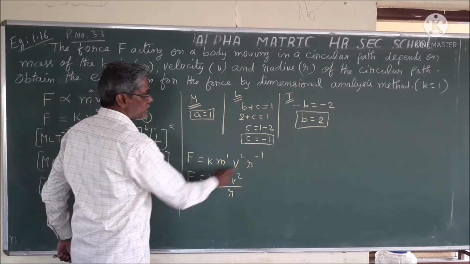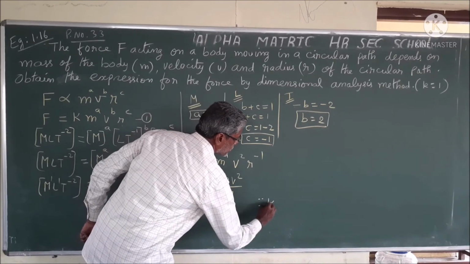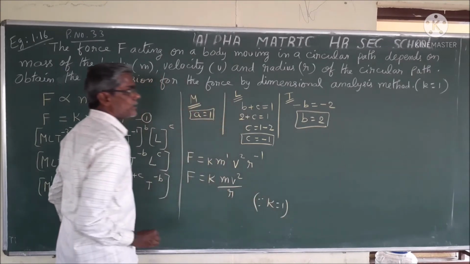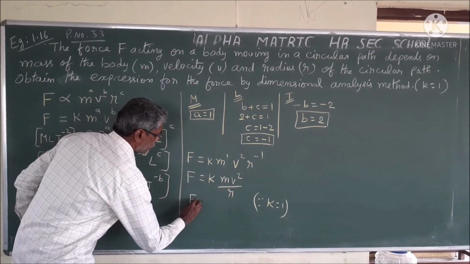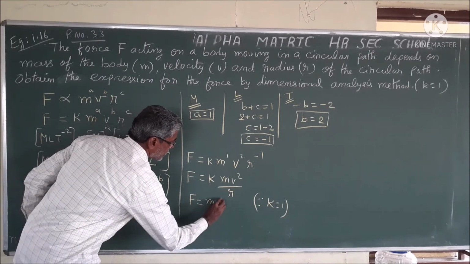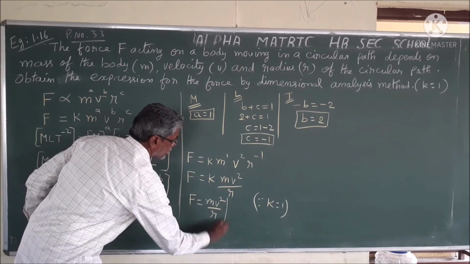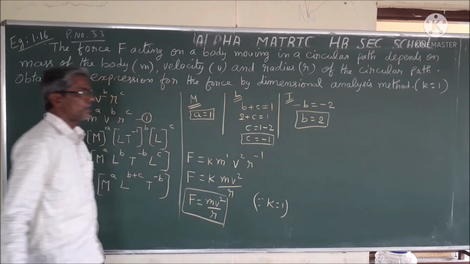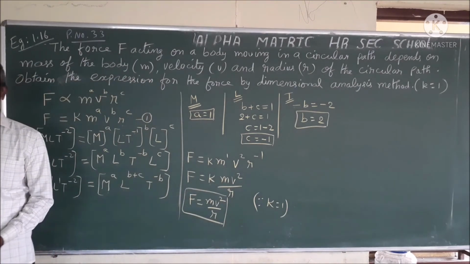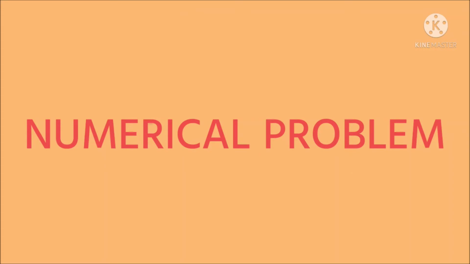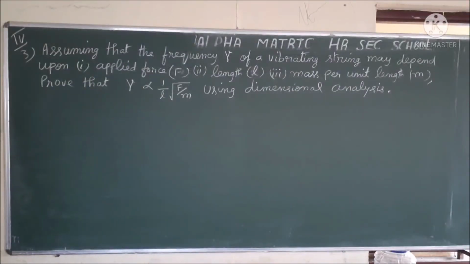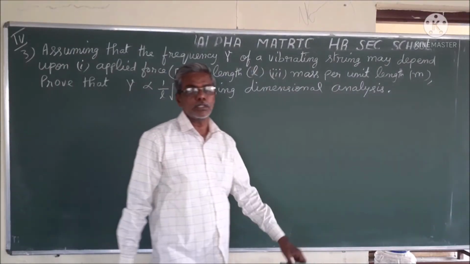The given k is equal to 1, since it has been experimentally proved. Therefore F is equal to m v square by r. That is Roman number 4.